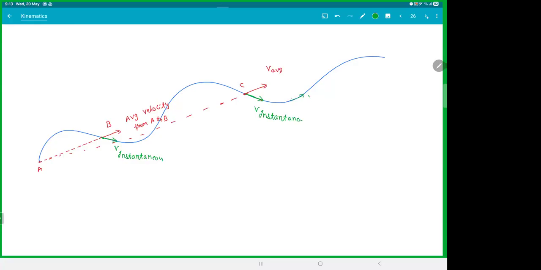So V instantaneous will be like this. It's always going along the path. Is everyone clear with the directions? Okay, so depending on the point, the average velocity will keep changing. The instantaneous velocity also will keep changing. Any doubts on this? All clear with the directions?